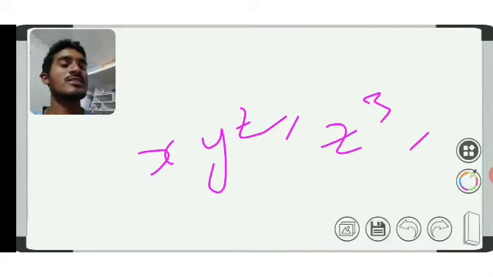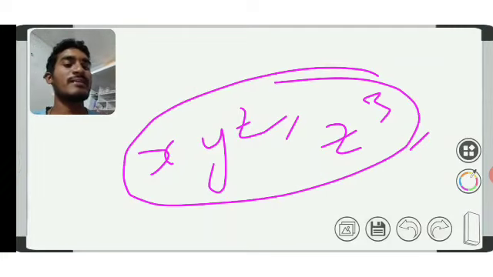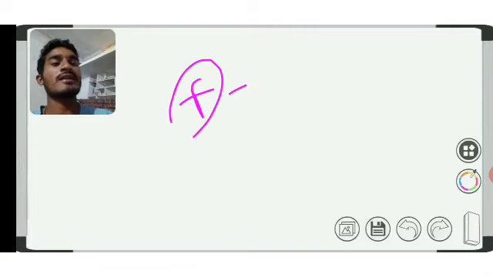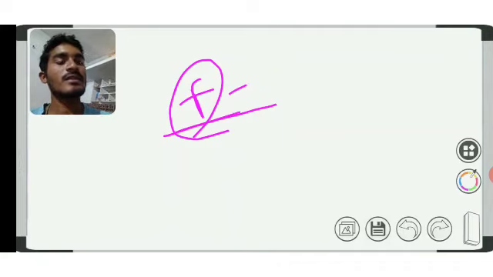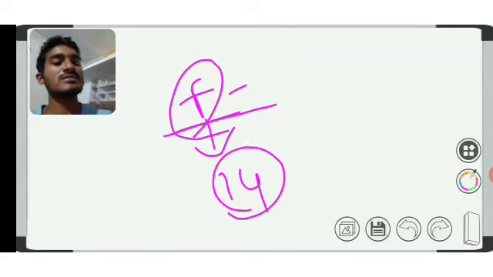This is the mathematical expression of f orbital. So f orbital is very complex, and it has 14 electrons, 7 pairs.